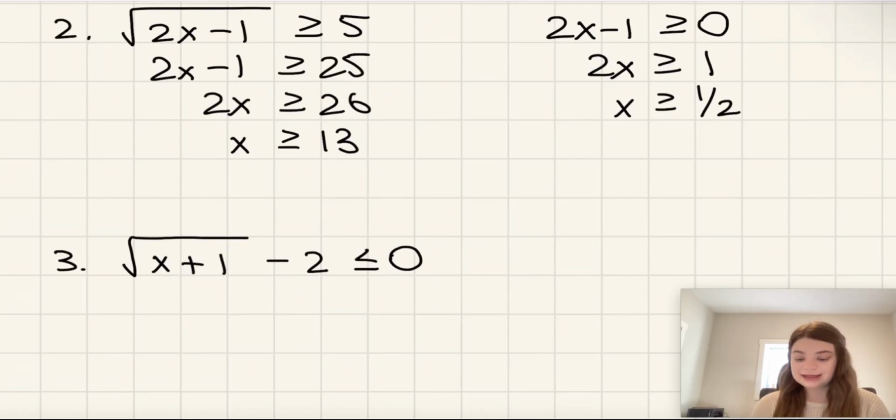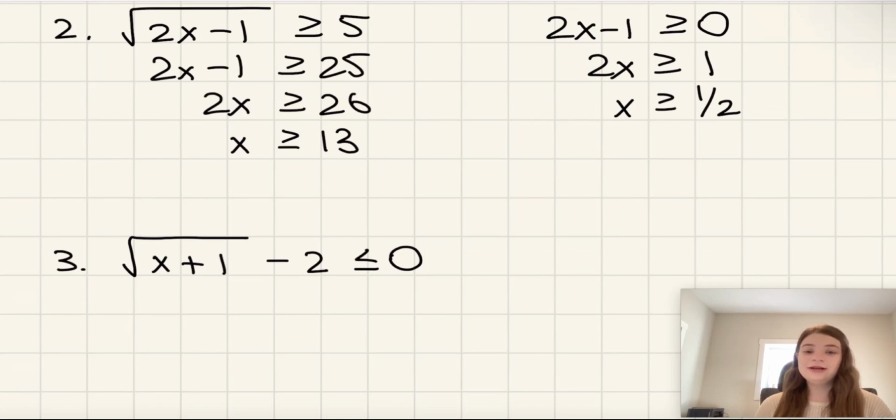Now keep in mind that every number that is greater than or equal to 13 also must be greater than or equal to 1/2. The same is not true the other way around. Just because something's greater than or equal to 1/2 doesn't necessarily mean it's greater than or equal to 13, but all numbers 13 and up are also greater than 1/2.